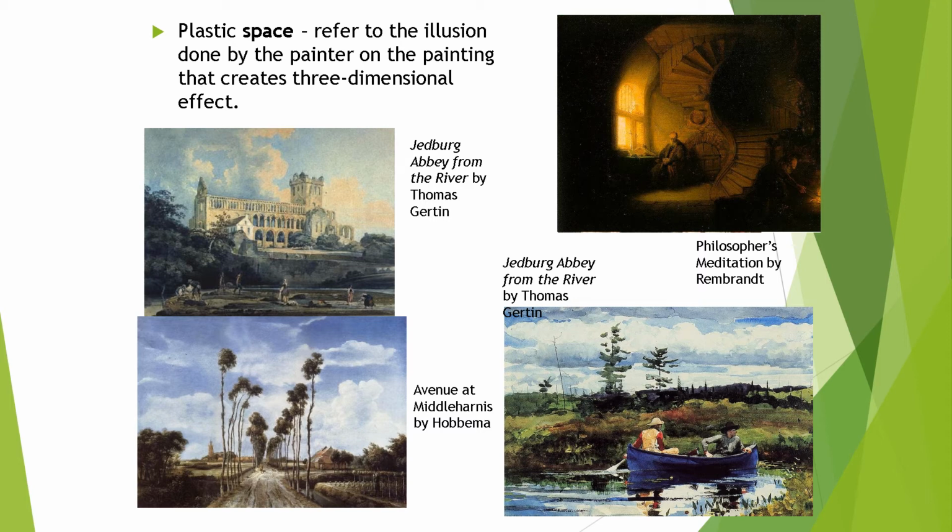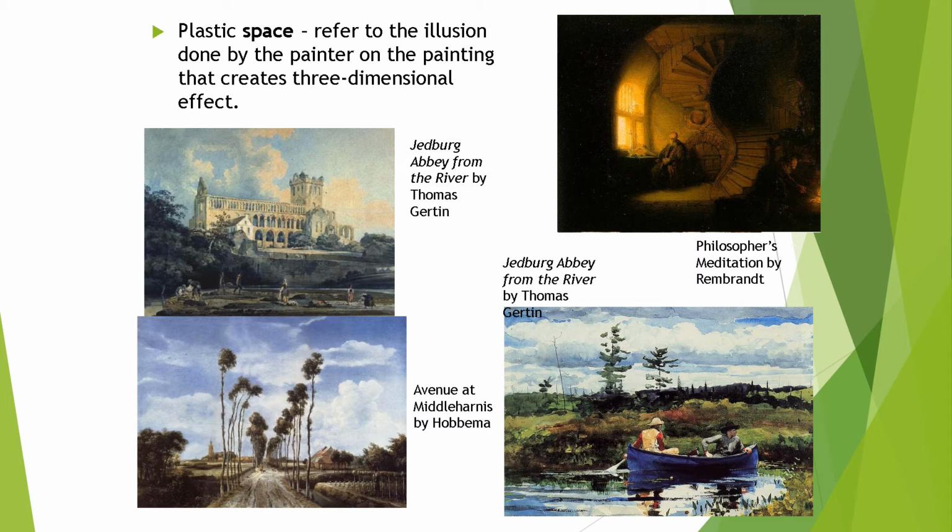Di ba, when we say decorative space, it is painting on a flat surface area or canvas. So, obviously, Thomas Girtin built his canvas by painting, but with the use of values or tones, he gets an illusion of a three-dimensional effect. That is the plastic space.